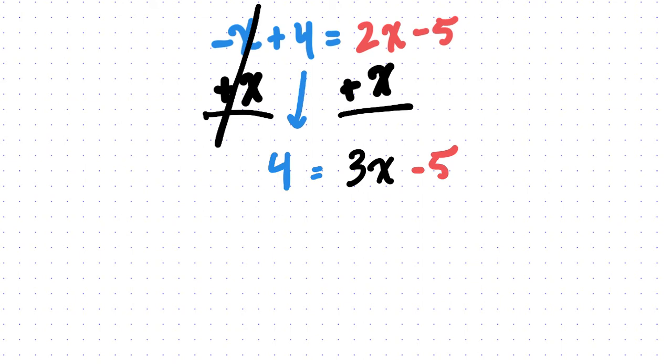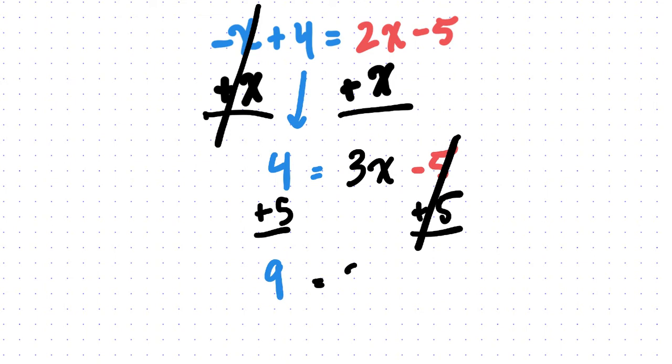Now that I have the x's on the right-hand side, I'm going to go ahead and eliminate that negative 5 with a plus 5 on both sides. That's going to make a 0 pair to cancel out those negative 5 units. And I'll be left with 9 units on the left-hand side, and that'll be equal to positive 3x.